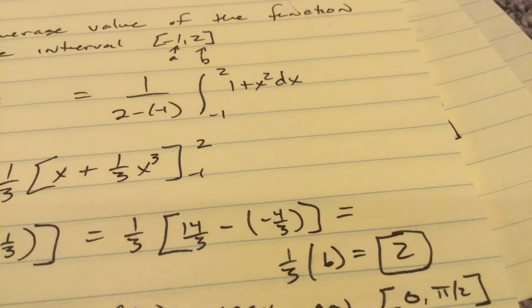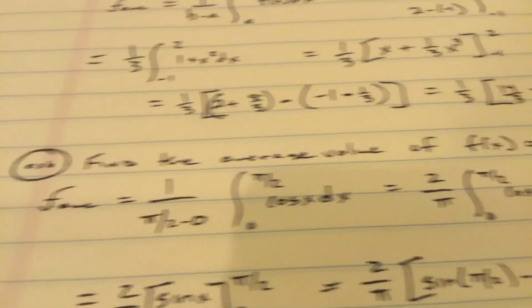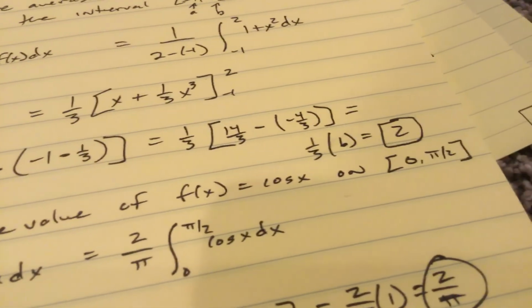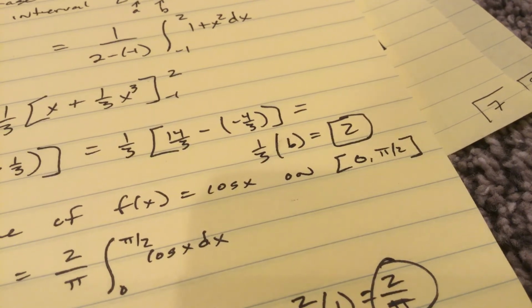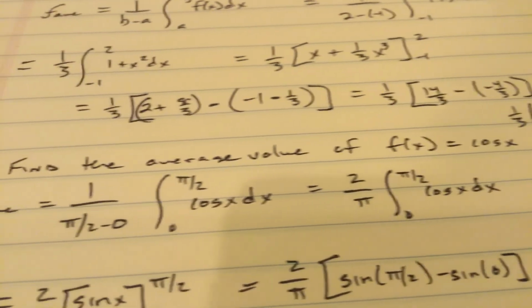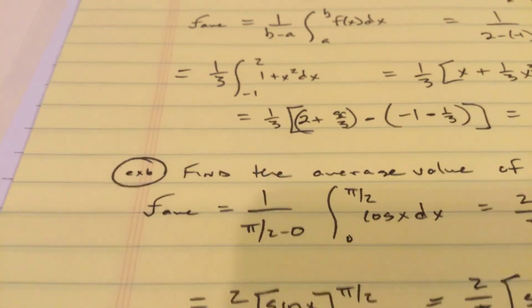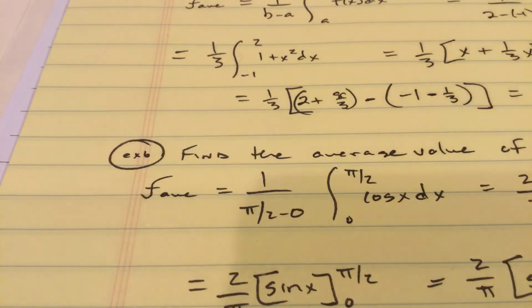I got 2 more of those, and then that will be it for section 5.4. Find the average value of f of x equals cosine x on 0 to pi halves. We just did the area under the curve of that. So pi halves is b, and a is 0, so it's 1 over pi halves minus 0.